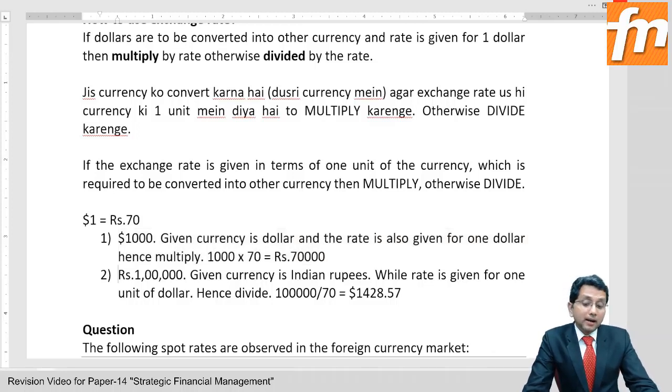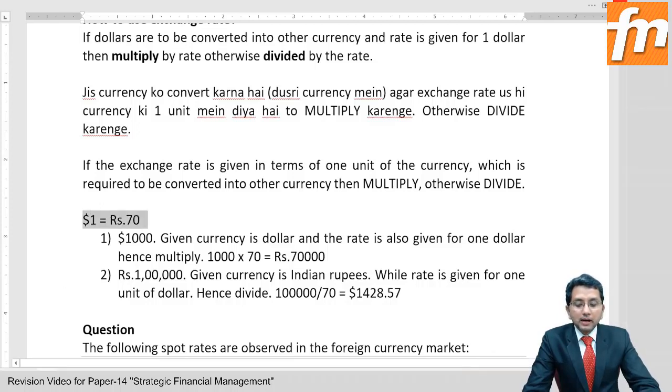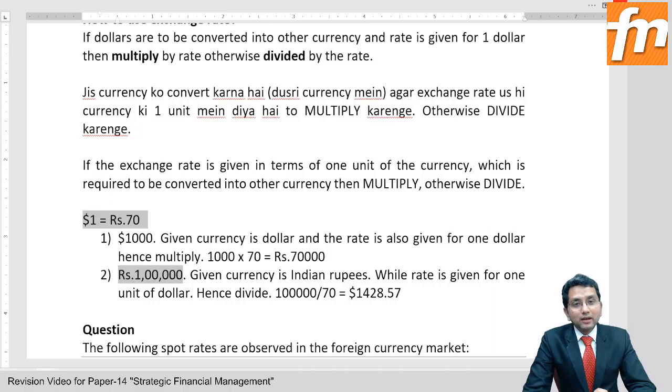Right? But on the other hand, the same exchange rate is given, $1 equal to rupees 70. But now the situation is you have 1 lakh rupees and you want to convert it into dollars. The given currency is Indian rupees, 1 lakh. If the exchange rate is given for 1 rupee, multiply by the rate.